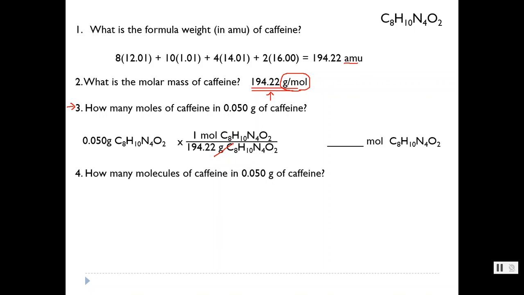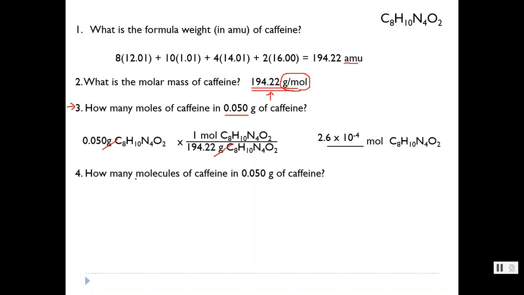My gram units cancel, and I'm left with moles in the numerator, because that's the unit I'm looking for. Doing that division, 0.050 divided by 194.22 should give you 2.6 times 10 to the negative 4 moles of caffeine. That's how many moles of caffeine we have in this amount of grams.